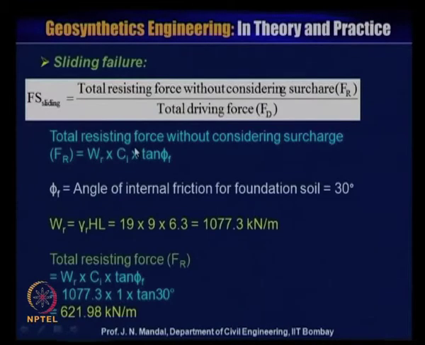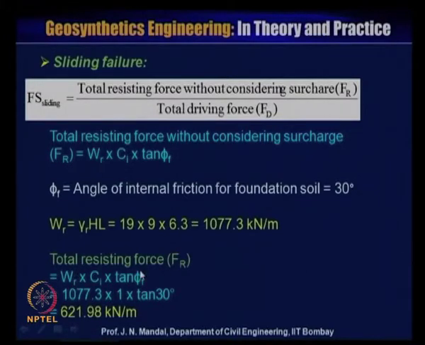So that is why we have calculated WR is equal to gamma R into H into L. Gamma R is equal to 19, height of the wall is 9 and L is equal to 0.7 times the height, that means 6.3. So you can calculate WR is equal to 1077.3 kilonewton per meter.